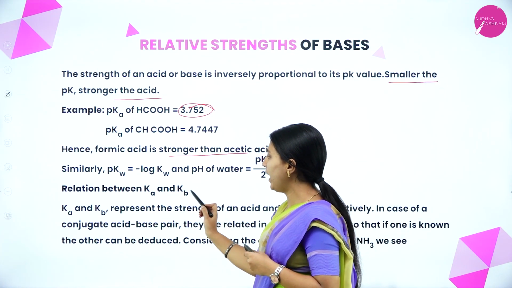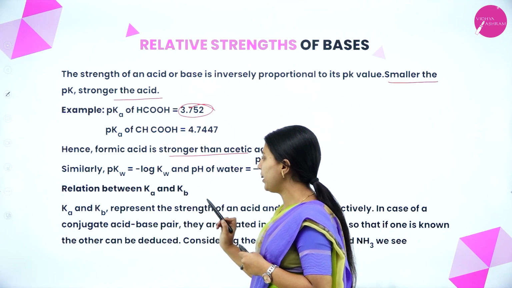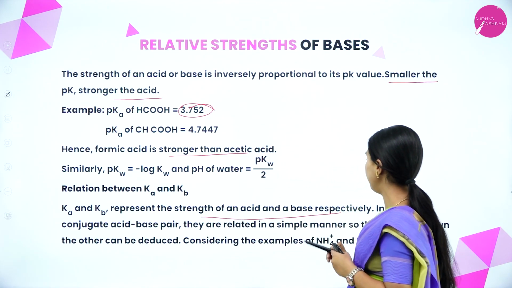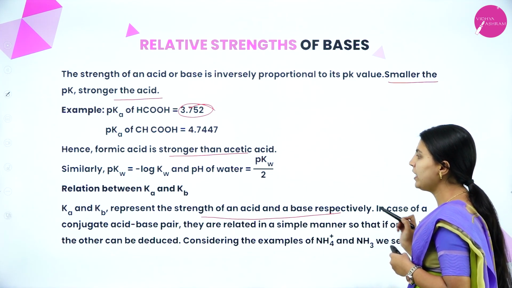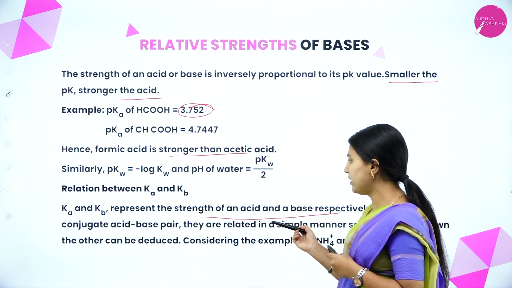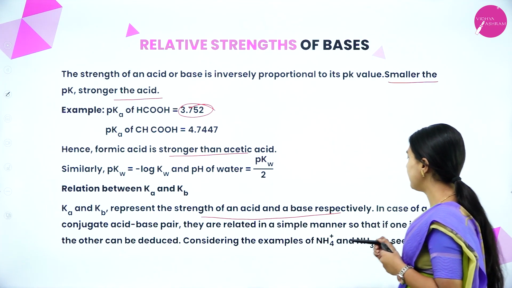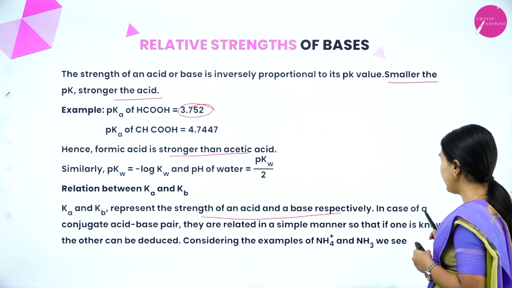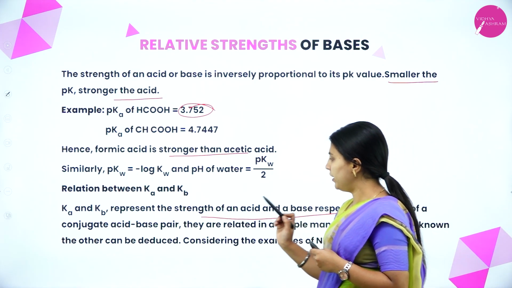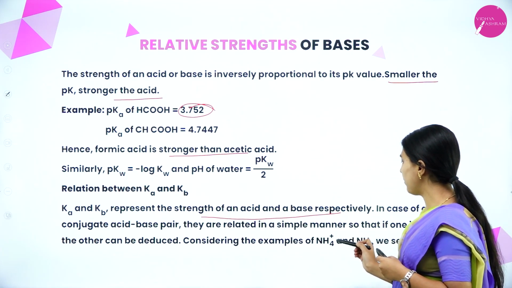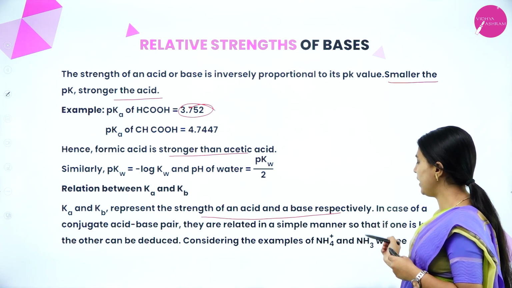Relation between Ka and Kb. Ka and Kb represent the strength of acid and base respectively. In the case of a conjugate acid and base pair, they are related in a simple manner, so that if one is known the other can be deduced. Consider the examples of NH4 plus and NH3.